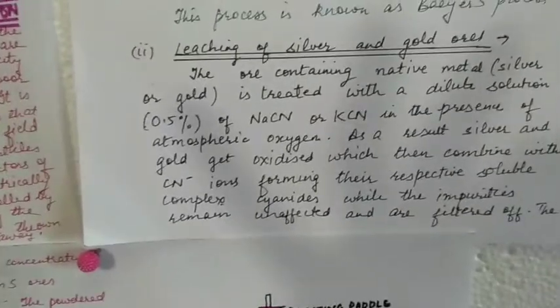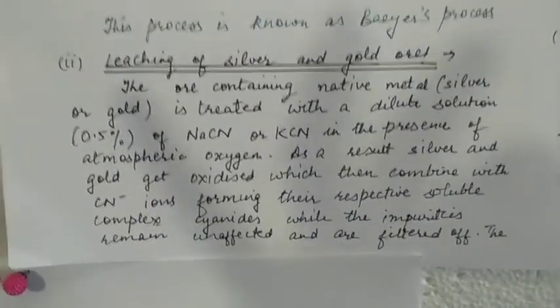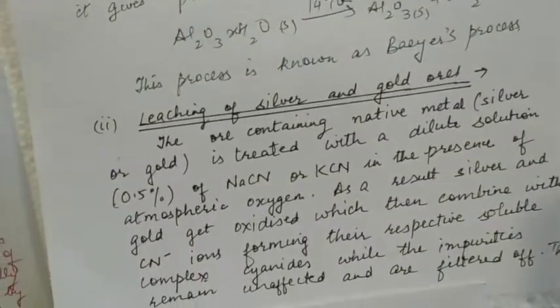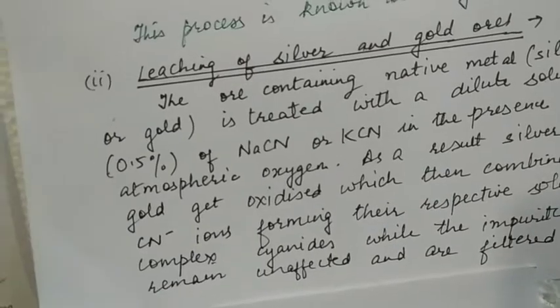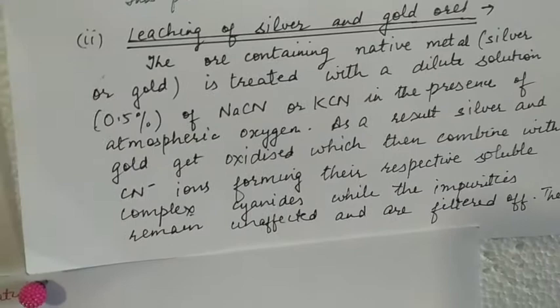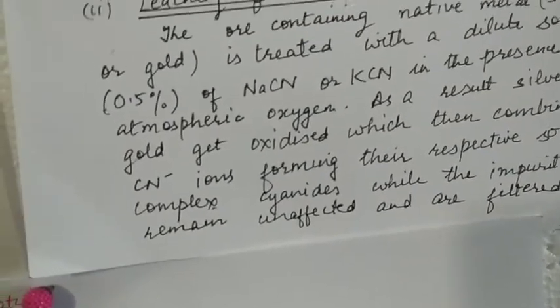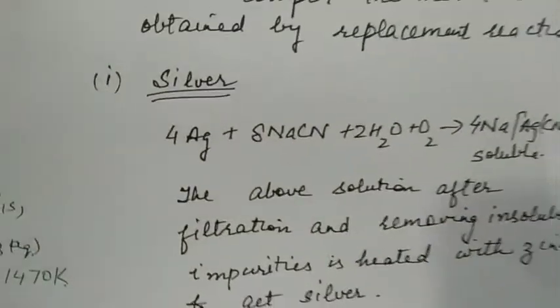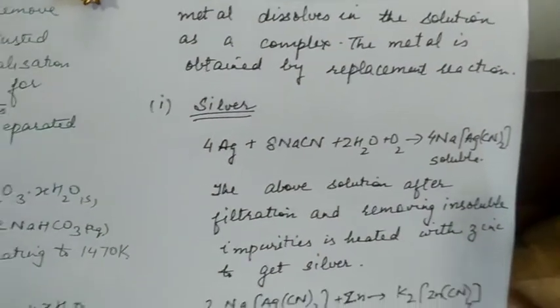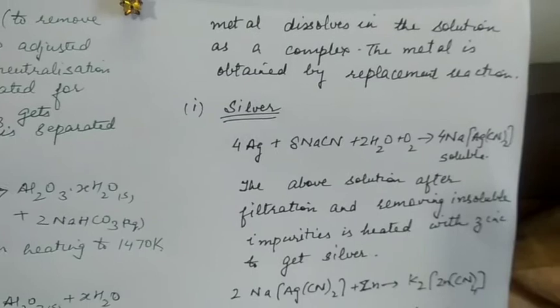We can also do leaching of silver and gold ore. So ore containing native metal, either gold or silver, is treated with dilute solution, 0.5%, of sodium or potassium cyanide in the presence of atmospheric oxygen. So gold gets oxidized or silver gets oxidized, and then it dissolves to form a sodium dicyanoargentate complex.